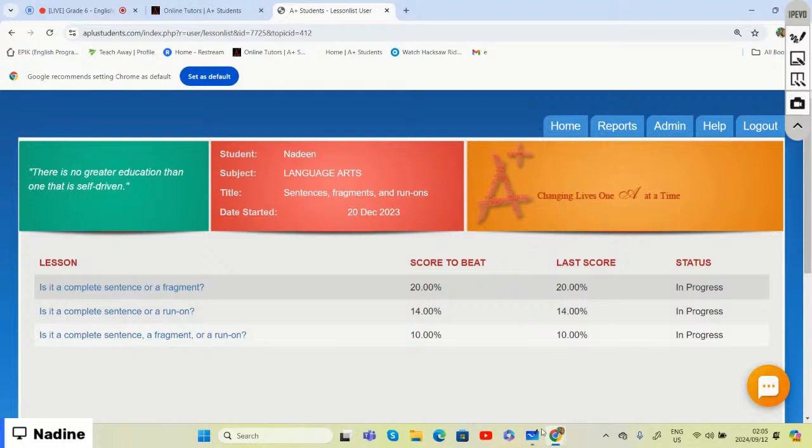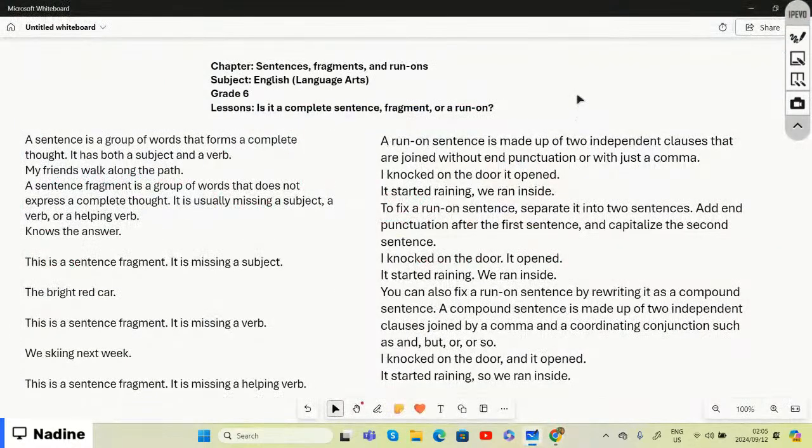All right. So our chapter once again is sentences, fragments, and run-ons. Our subject is English Language Arts, grade 6.